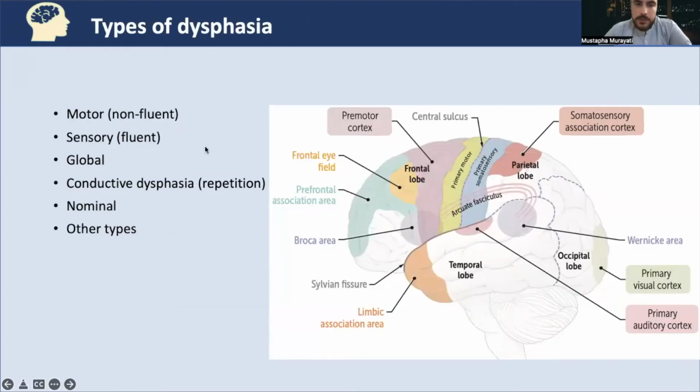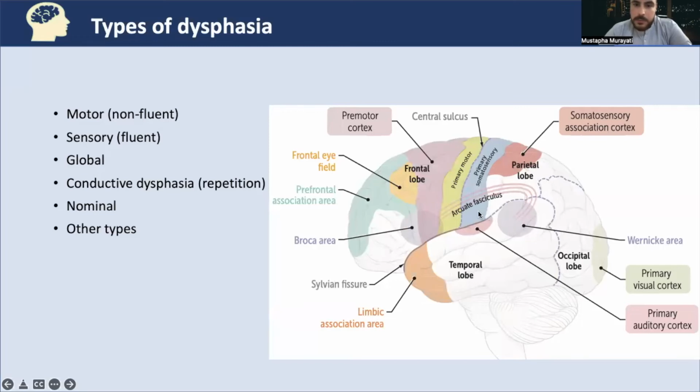Just a quick overview about the types of aphasia or dysphasia we have. We may have motor, non-fluent or Broca's aphasia, and sensory aphasia. We have global aphasia, which is mixed motor and sensory. Conduction aphasia, in which there is a lesion in the arcuate fasciculus, a bundle of fibers that connects Wernicke's area with Broca's area.